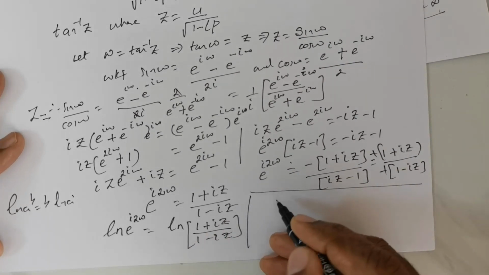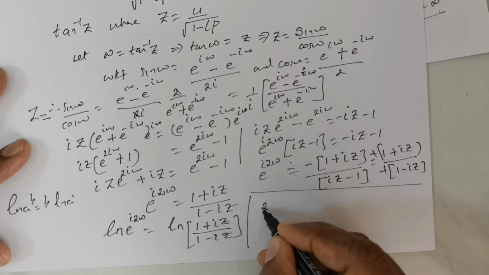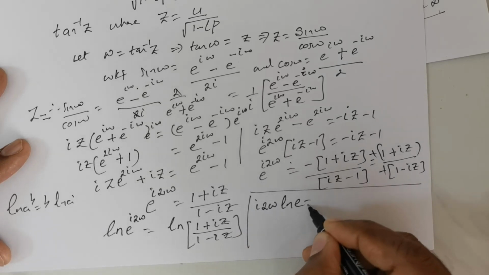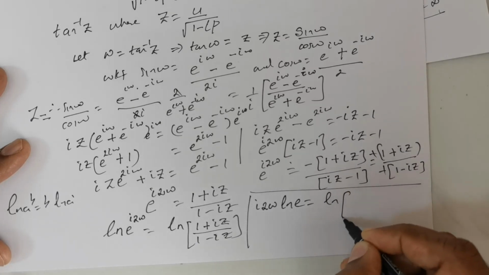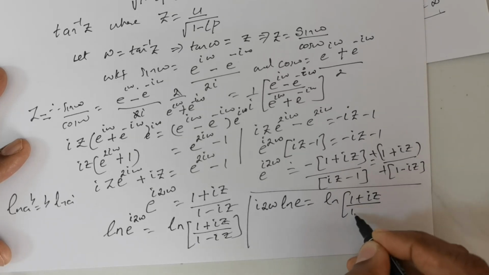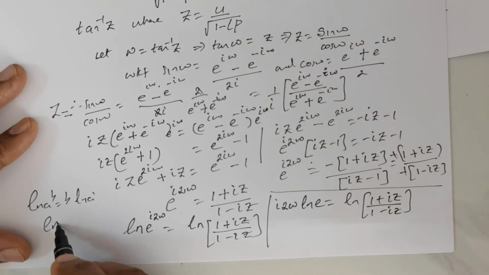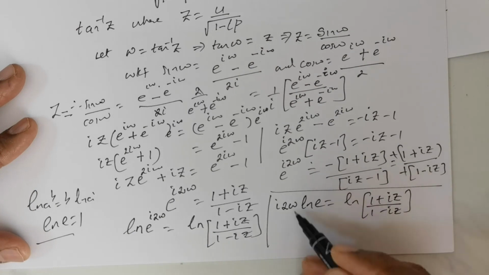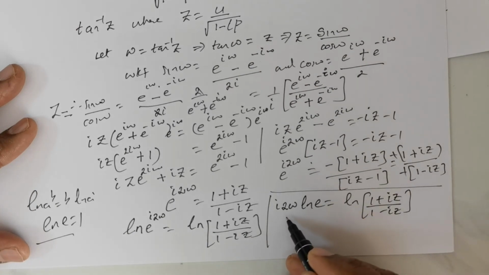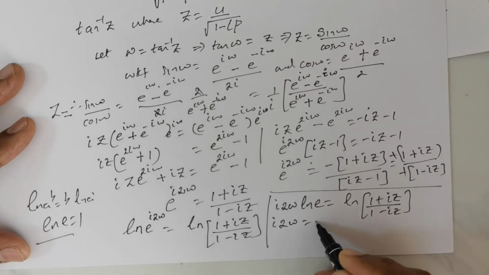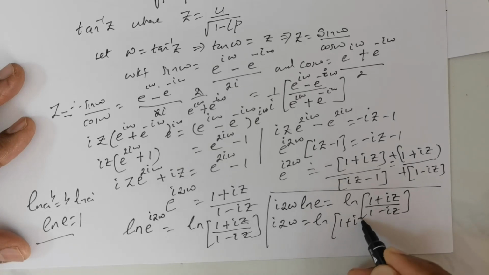So this is equal to i times 2 times omega times ln e is equal to ln of 1 plus i times z divided by 1 minus i times z. Now can I utilize this fact, ln e is equal to 1? So ln e is equal to 1. So you have i times 2 omega, ln e is 1, equals ln of 1 plus i times z divided by 1 minus i times z.